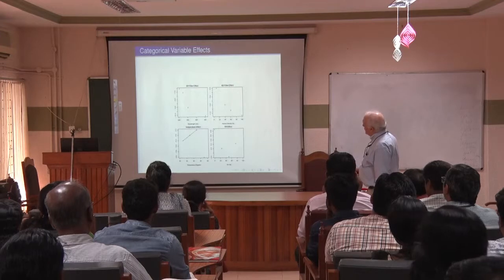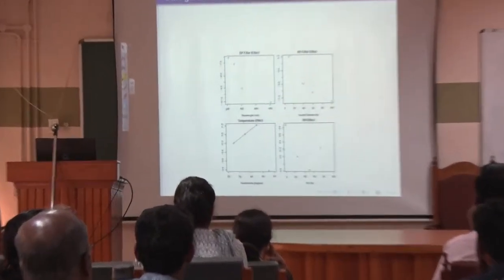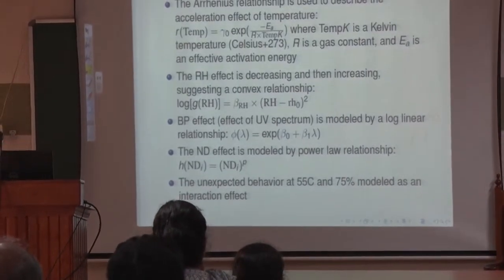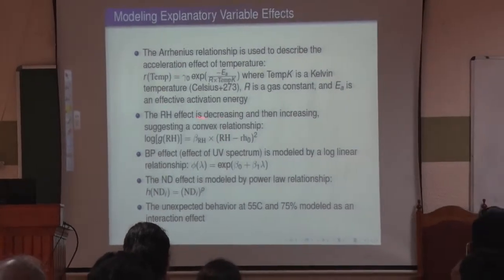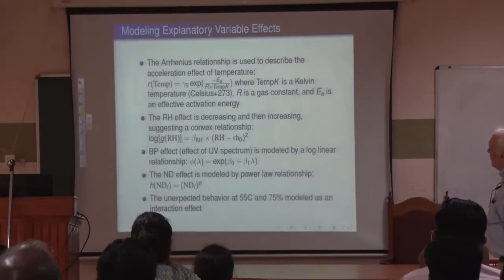So after looking at these results from the categorical model, then we're ready to assume some functional form. And here's sort of a description of the functional form. For temperature, as is common, we use something called Arrhenius.